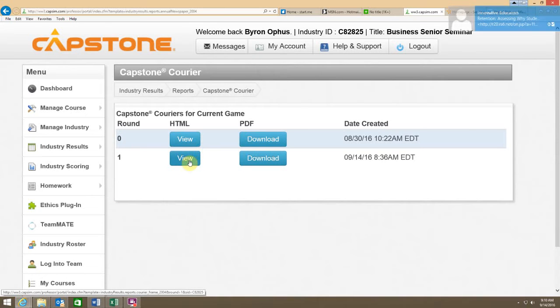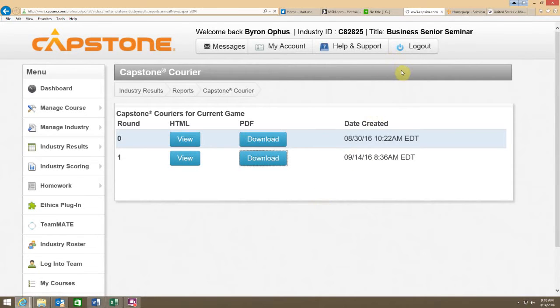It gives you a choice, I believe, that you can either view it in HTML or download it in a PDF version. Typically I would just open it in the HTML, but I'm going to go ahead and do it in a PDF. I think that'll make it a little bit larger for you guys when you're viewing this on your screens, so maybe some of the numbers that I would look at and talk about would show up, although it does take quite a while to download that particular PDF file.